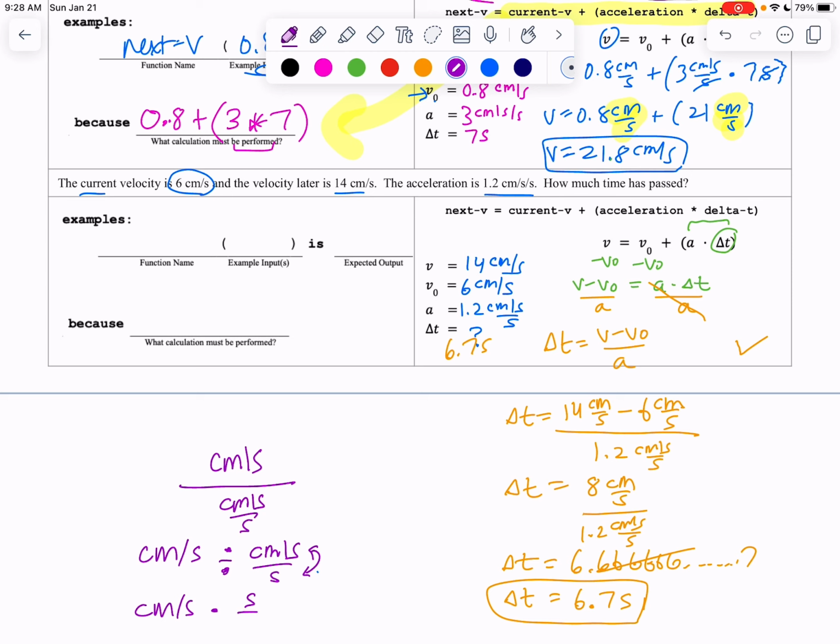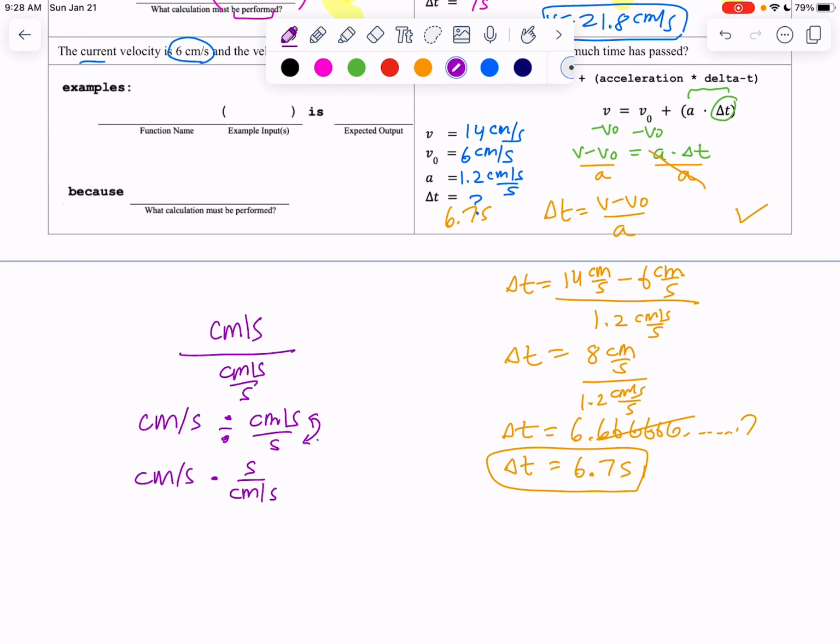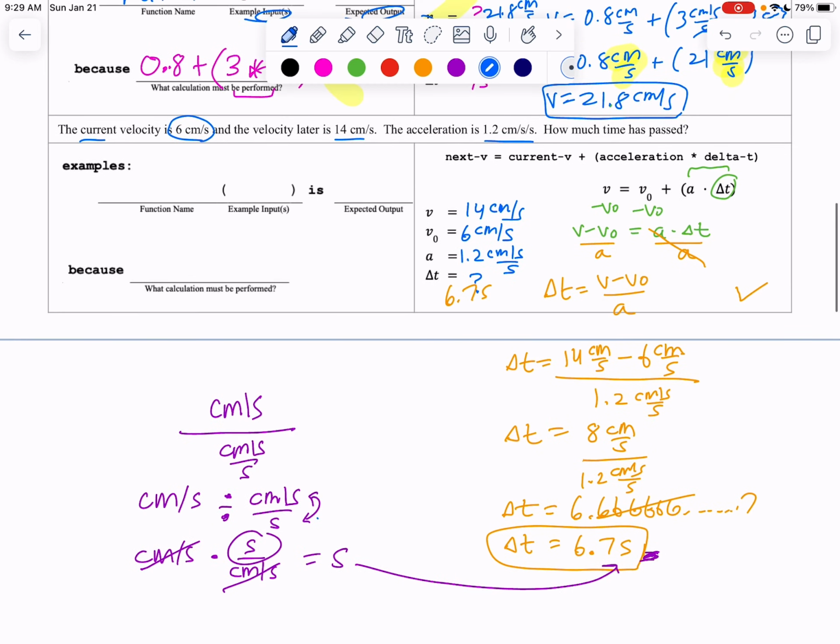So if I flip this over, now I have centimeters per second on the top and bottom, which divide out to 1, and that's how I'm left with just seconds. Okay, and then just round this off. Don't give me 1,000 numbers. I don't need it.